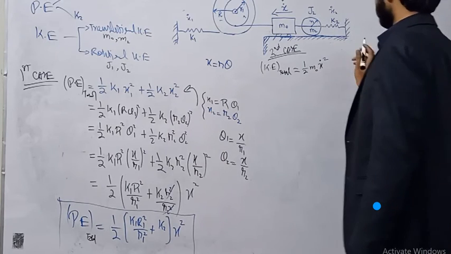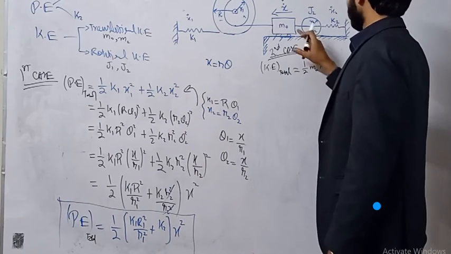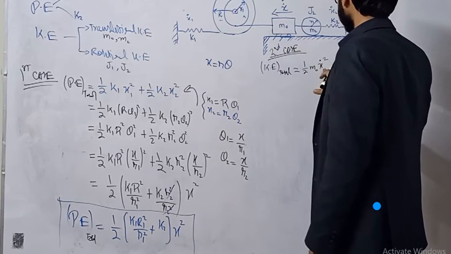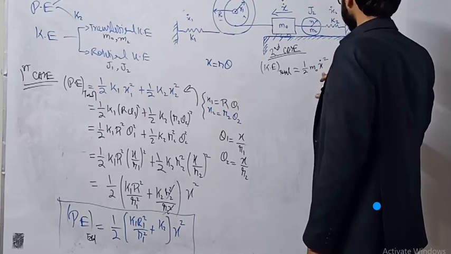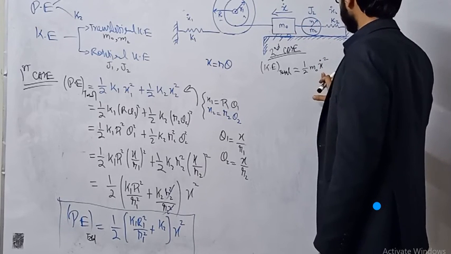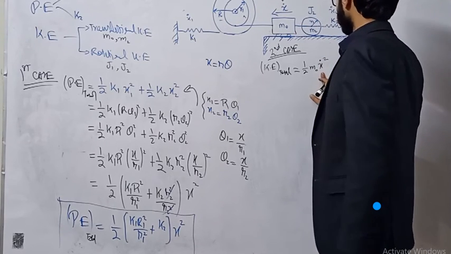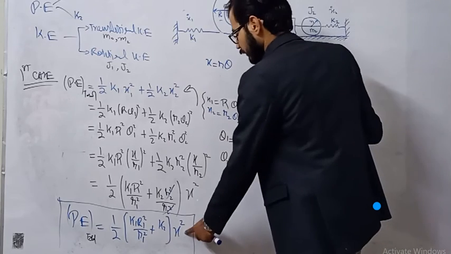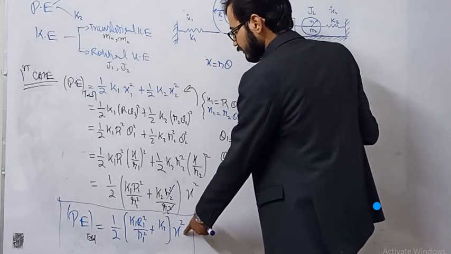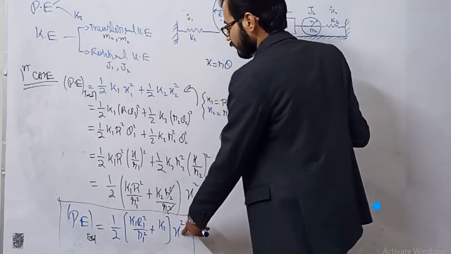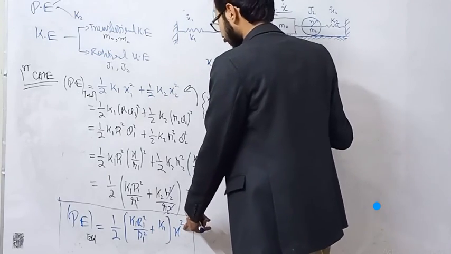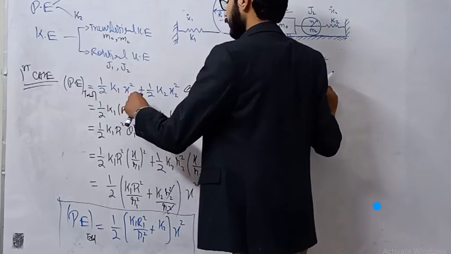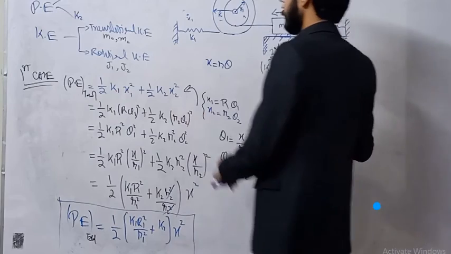So the good news is that in this case for the translation element we have velocity x naught. So we do not need to convert that velocity into any other component because it is not affected by any of the radius. Again, we derived this potential energy where the displacement was not affected by any of the radius, but x1 and x2 both were affected by radius.